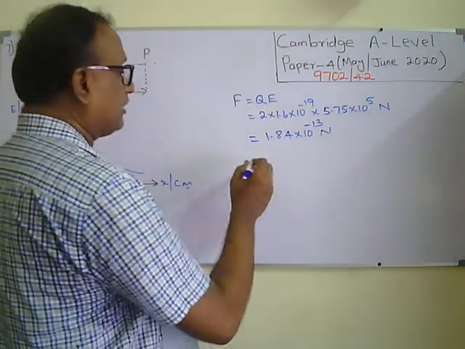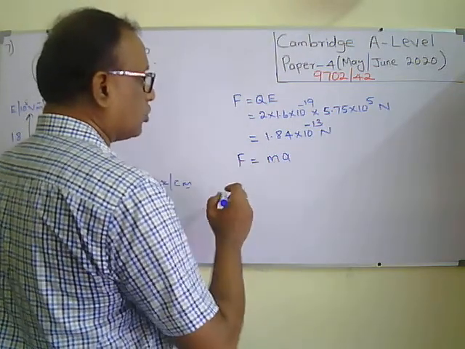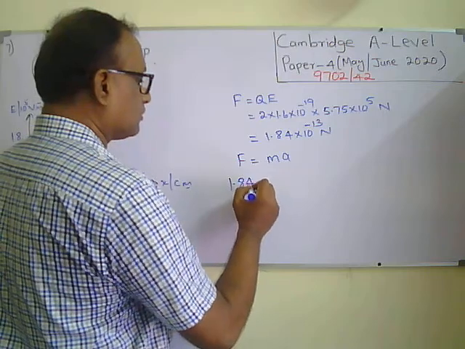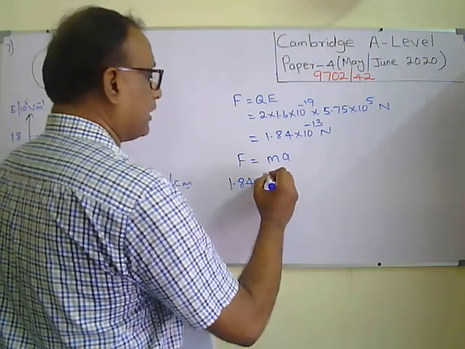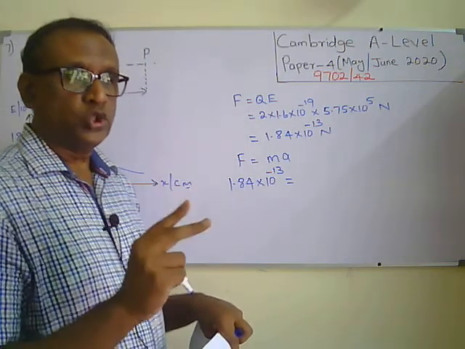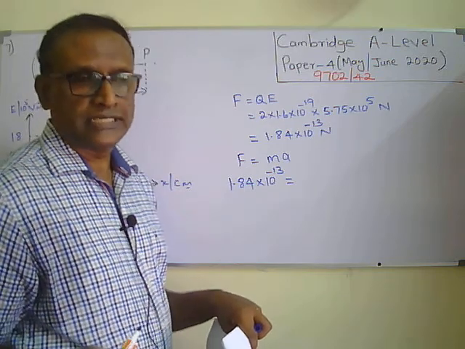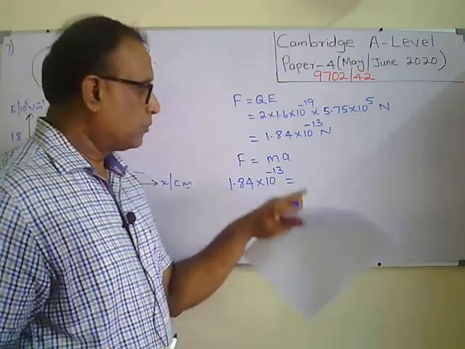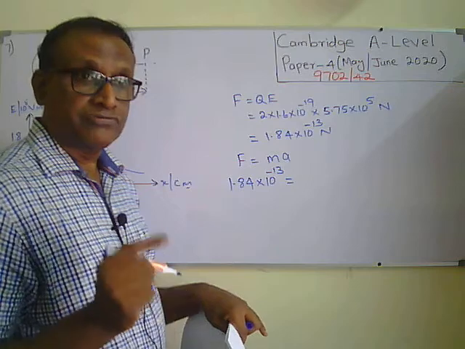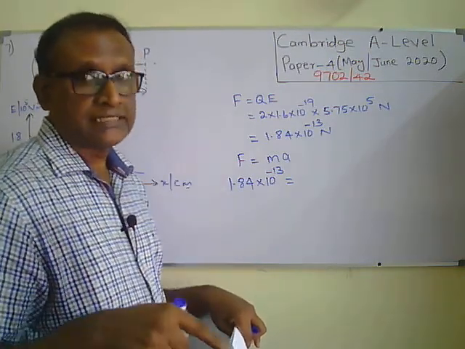Then I can say F equal ma. So the force I know, 1.84 times 10 to the power minus 13. You know, alpha particle consists of 2 protons and 2 neutrons. Mass of a proton is almost equal to mass of a neutron. So mass of the alpha particle will be equal to 4 times mass of proton. Mass of proton given in the first page, the data sheet.